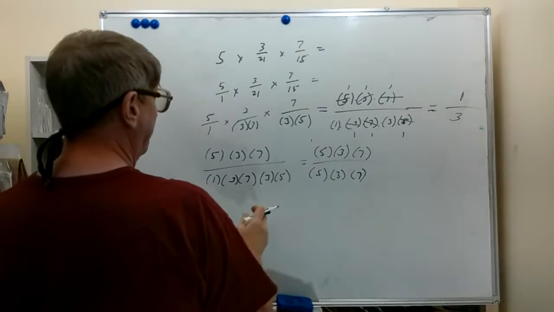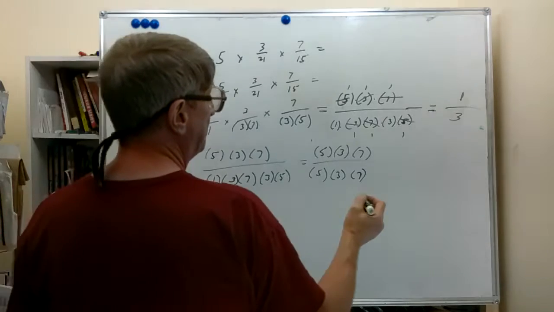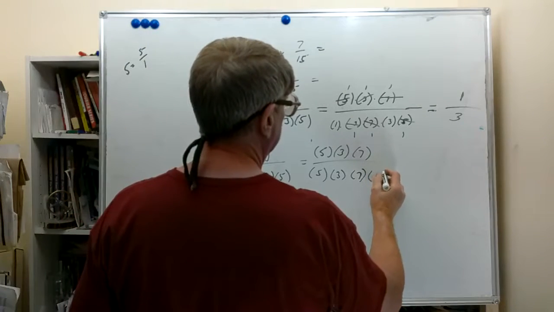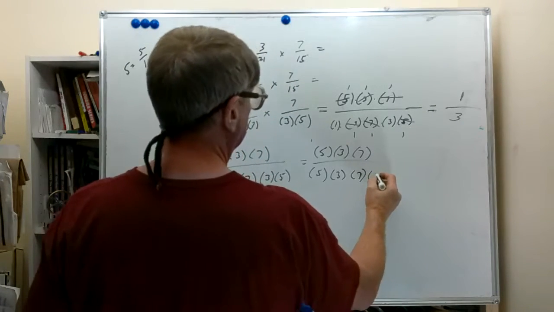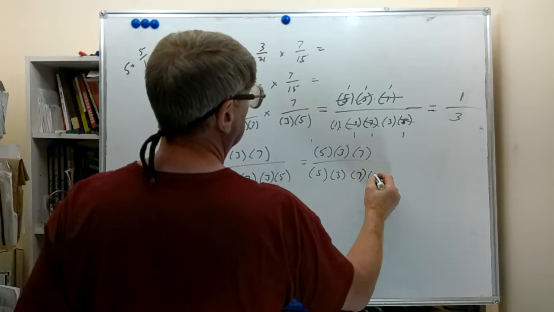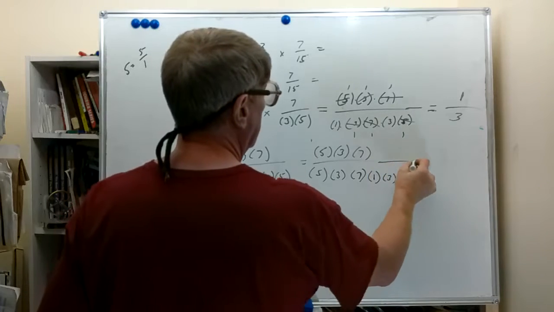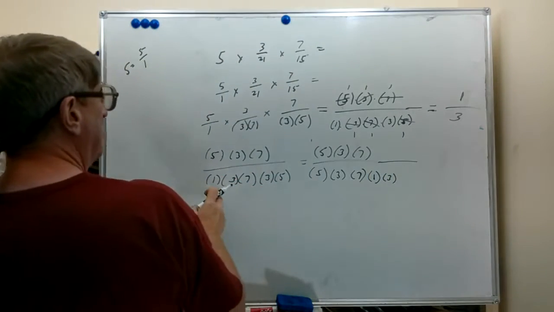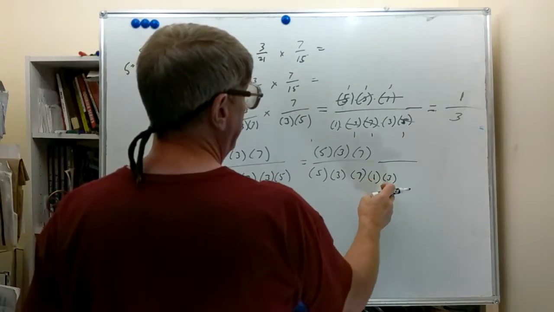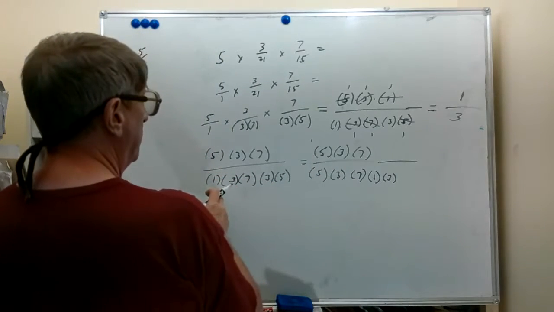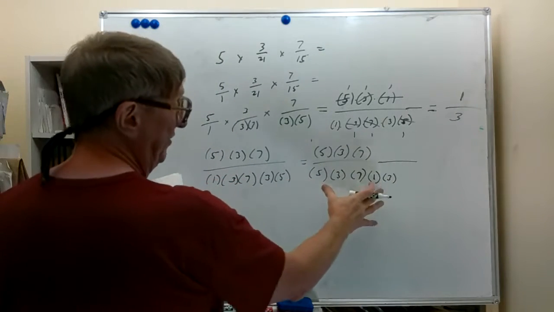So we got a 5, 3, and 7 on the bottom, 5, 3, 7. We got a 3 and a 1 left to go. Let's put them in this order, 1 and 3. It doesn't really matter. So we have 1, 7, 5, and 2 3s.